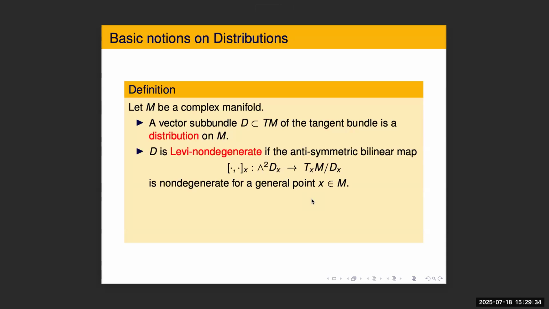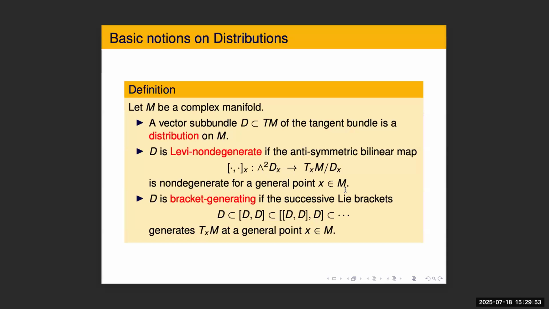And then we say that the distribution is Levi non-degenerate if the anti-symmetric bilinear map coming from the Lie bracket is non-degenerate at a general point. And we say that the distribution is bracket generating if the successive Lie brackets generate the tangent bundle at a general point. So this is a general concept in distribution theory.